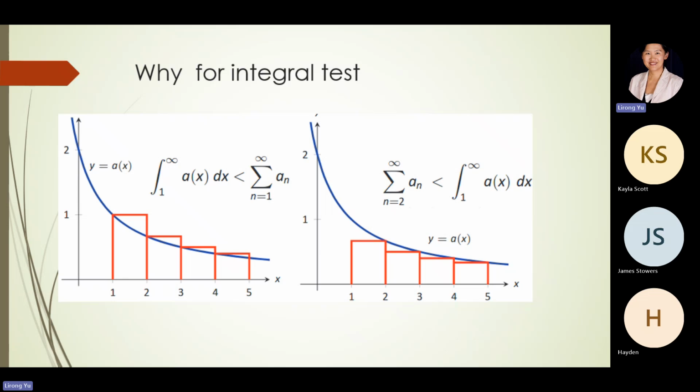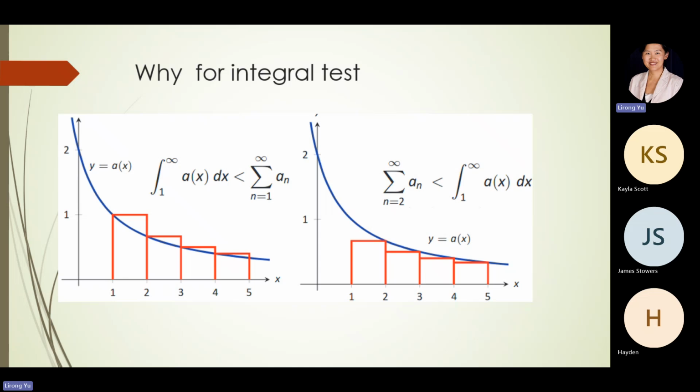Why did this work? Because we purposely drew the function a n as a decreasing function. Just imagine if the function goes the other way, it might not be true. But we know for sure that for a convergent series, a n will be decreasing, at least in this picture.